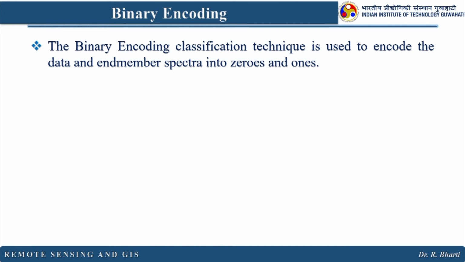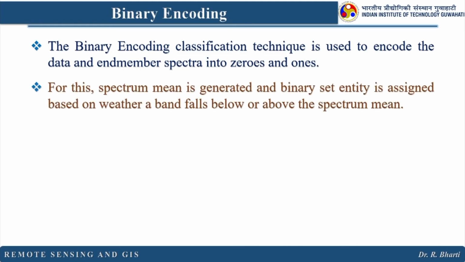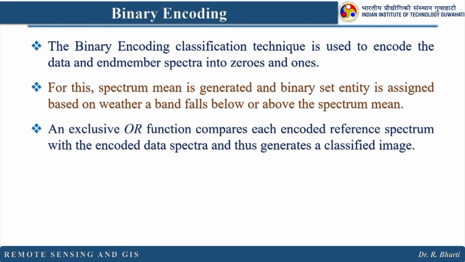Now the next method is binary encoding. The binary encoding classification technique is used to encode the data and end member spectra into zeros and 1. For this, the spectral mean is generated and a binary value is assigned based on whether a band falls below or above the spectrum mean. And an exclusive OR function compares each encoded reference spectrum with the encoded data spectra and thus generates a classified image.